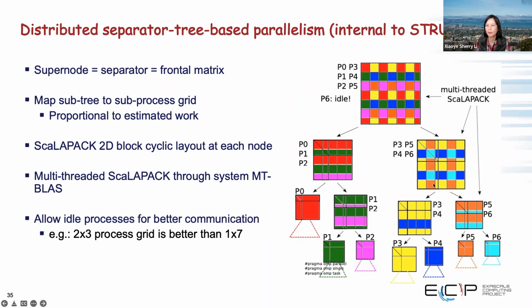You can do proportional mapping of the processes. And sometimes if you have 7 processes somewhere, it's not very good to do a 1/7 grid, right? You can say, I leave out one. For this part, I only use 6 processes to make this 2/3 grid. So this is the flexibility that STRUMPACK provides.